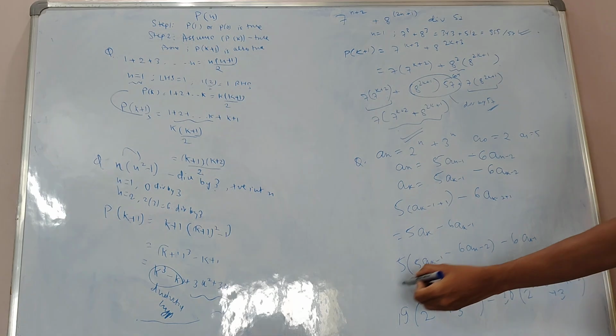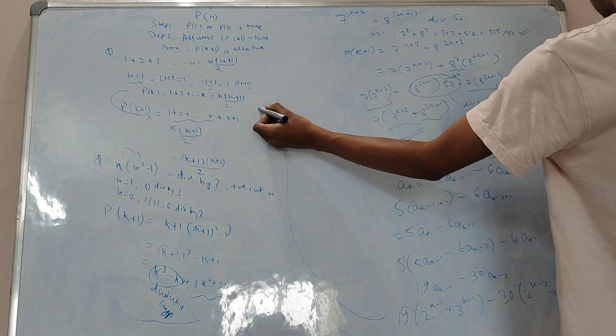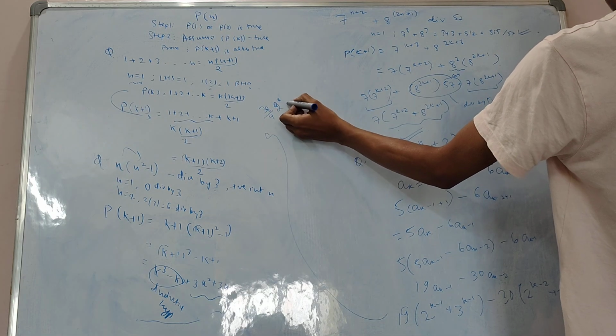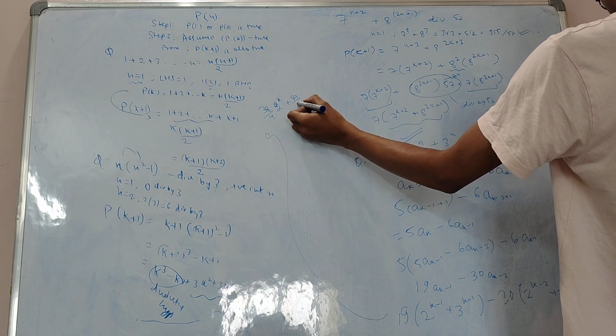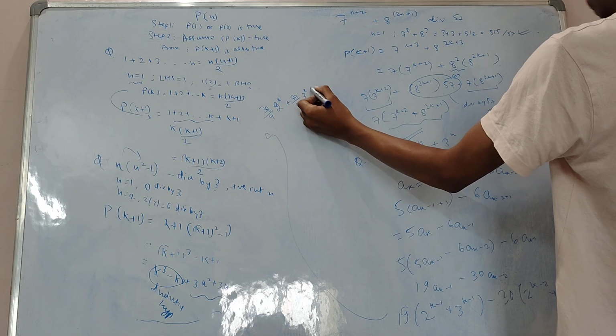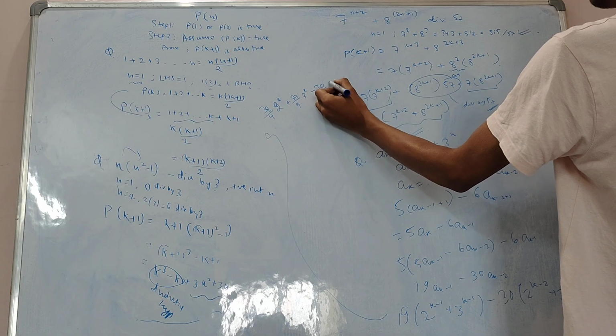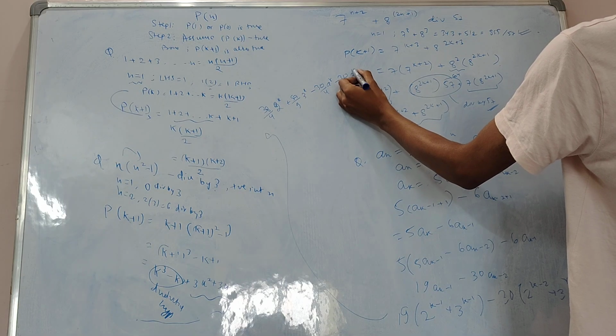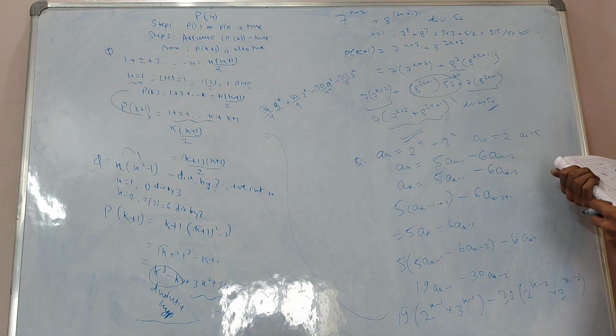So this I can write it as 38 by 4 2 to the power k plus 57 by 9 3 to the power k minus 30 by 4 2 to the power k minus 30 by 9 3 to the power k, right.